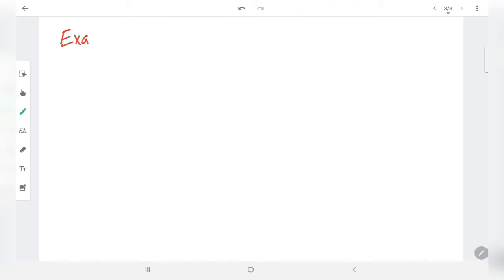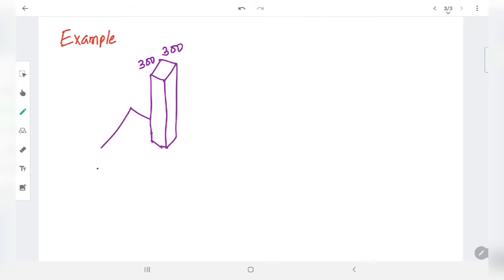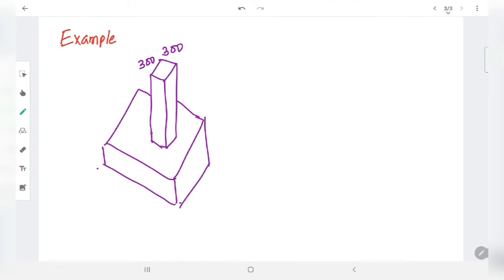First I'll take an example. Suppose a column of size 300 mm by 300 mm is resting on a footing of size 1500 mm by 1500 mm, and its depth is 300 mm.